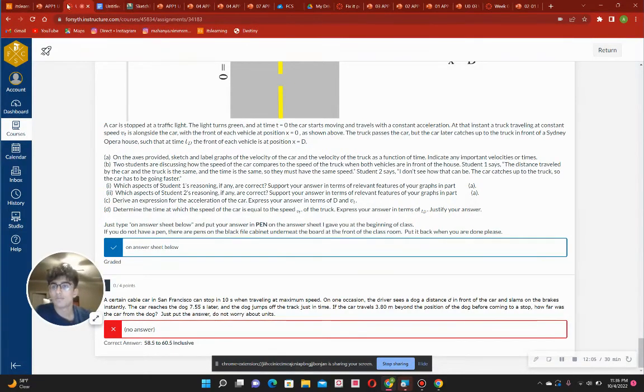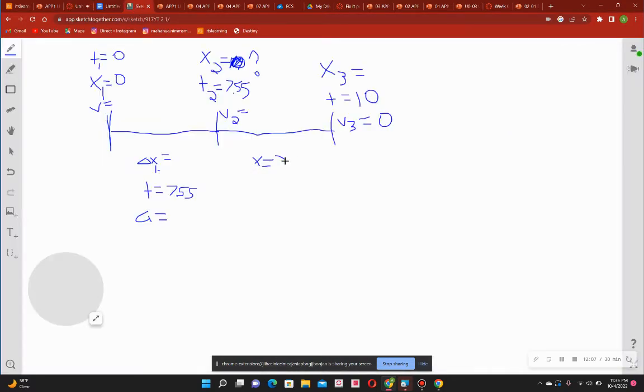Sorry. Okay, got it. You know that this is 3.8 because it's given. Time. Okay, so it's not given, but the entire frame is 10 seconds, and we know that the first chunk takes up 7.55. So you know the next chunk would take 2.45 seconds. You just do 10 minus 7.55.